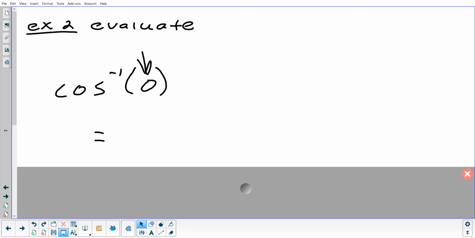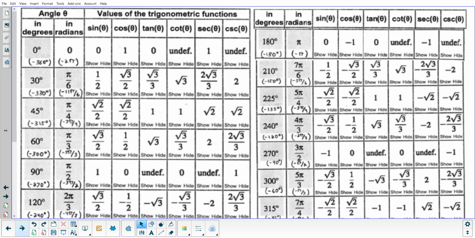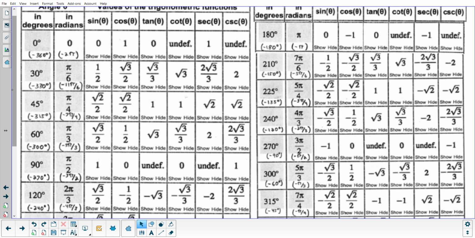So, what does this problem really mean? What angle, solving for an angle, could you take the cosine of and get an answer of 0? Get our table. Okay, I think the answer is up there. Yeah, go ahead, Ariana. 90 degrees. Yep.